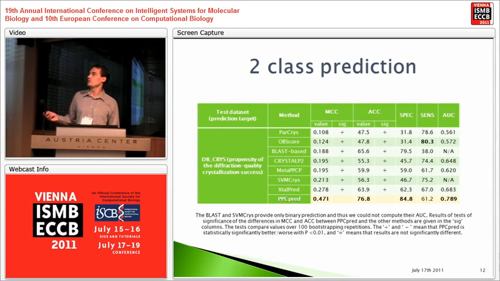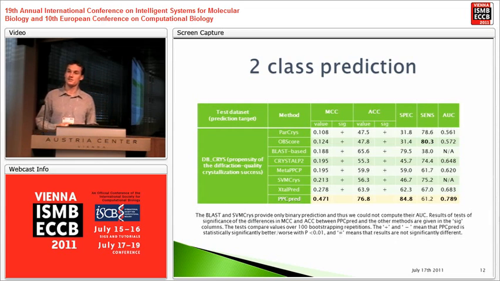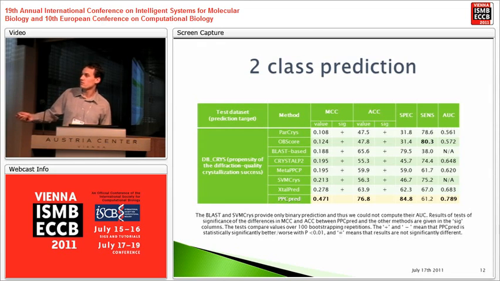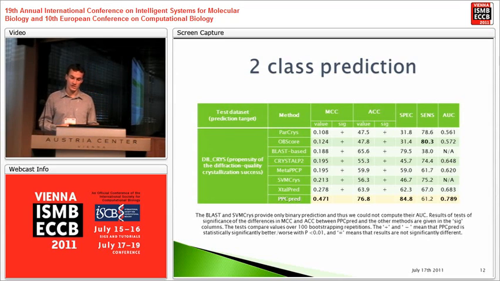And here, for the 2-class prediction for the crystallization output, we can actually compare our method against the older approaches. As you can see, the older approaches have an MCC between 0.1 and 0.21 and accuracy between 47 and 56, with the exception of Ixtal-Pret, which achieved an MCC of 0.28 and accuracy of 64%.